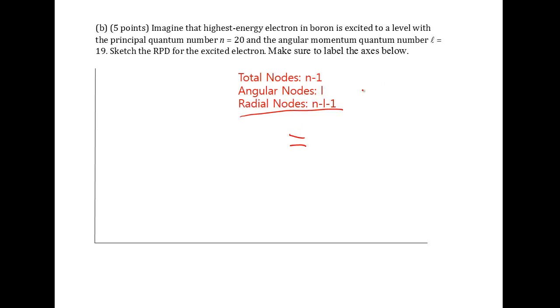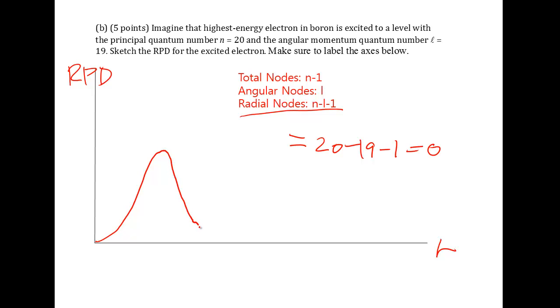If you plug n and l into the formula, we can see that there are 0 radial nodes. So we can infer that the RPD of this excited boron electron would look very similar to the 1s orbital of the hydrogen atom. It would have a peak in the middle, and RPD would converge to 0 as you increase R.